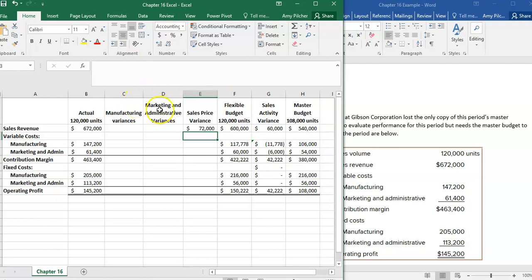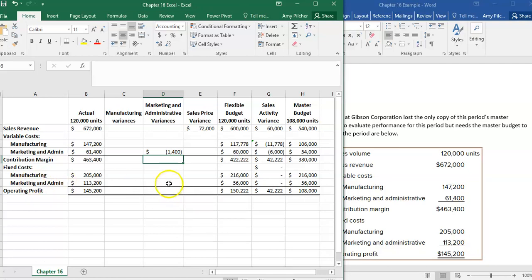Then we're going to look at our two marketing and administrative variances. So we have our actual variable amount minus the budgeted variable amount. Show that that's an unfavorable. So we have 140,000 unfavorable variance there.